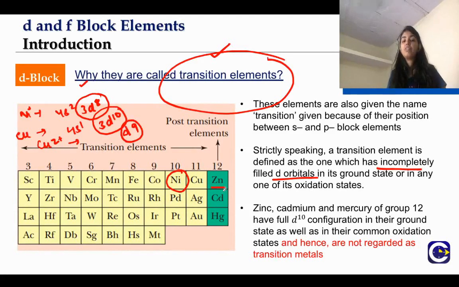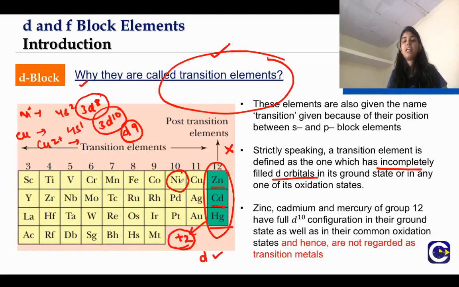But you come on to zinc, cadmium and mercury. These are not transition elements. They are d block elements, but they are not transition elements. Why are they not transition elements? Because these exhibit an oxidation state of +2. Zinc has an oxidation state of +2, right? In the +2 oxidation state also, the d subshell is completely filled.